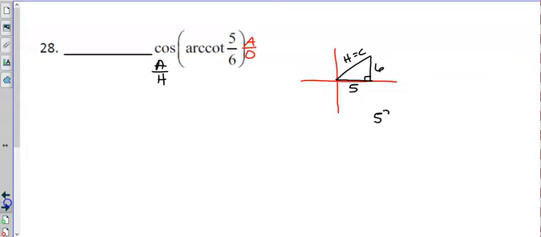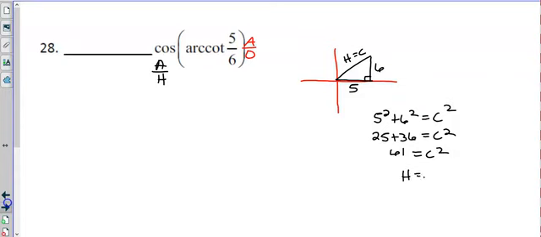So a squared plus b squared equals c squared. Is that 61?